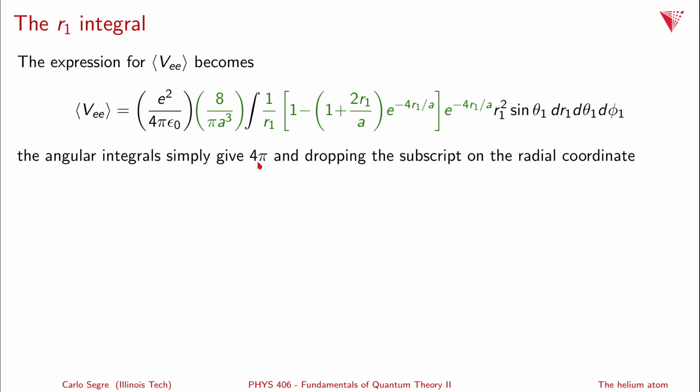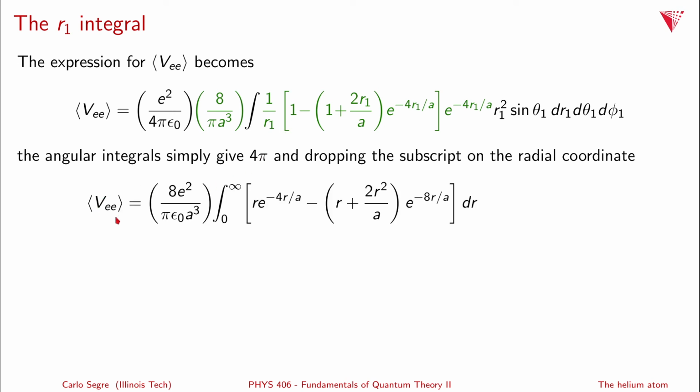So we get 4 pi. And now I can drop the subscript on the radial coordinate just to simplify things and just call it r. This integral now can be done from 0 to infinity with a prefactor of 8e squared over pi epsilon naught a cubed.